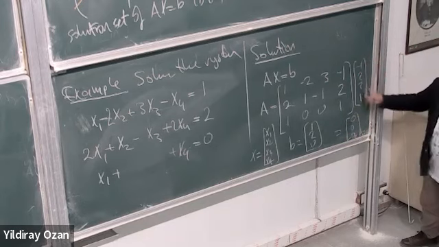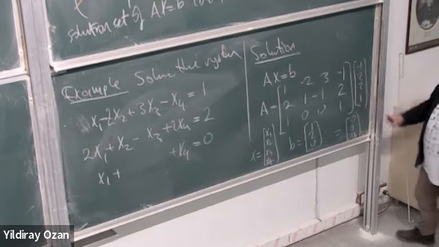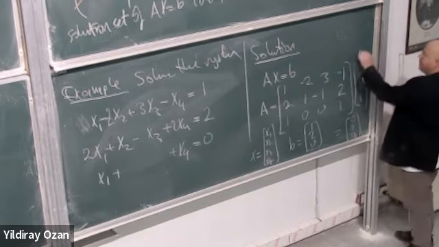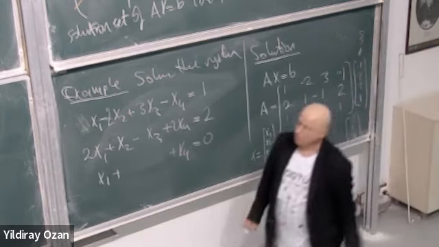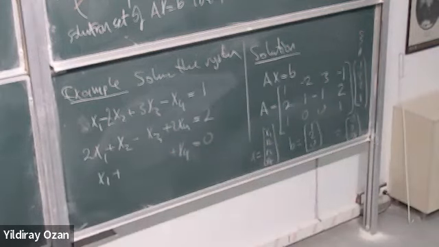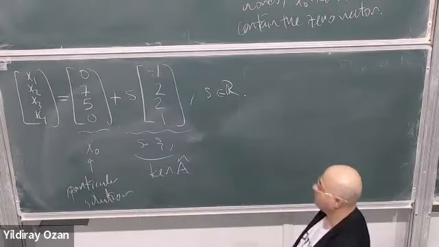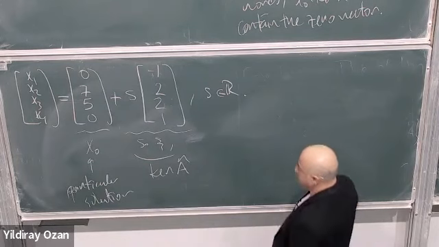So this is the homogeneous. This is my C. Okay. So this is my S times C. Okay. S is the real number. So this thing is just kernel of A hat. Okay. Efendim? Yes, yes.